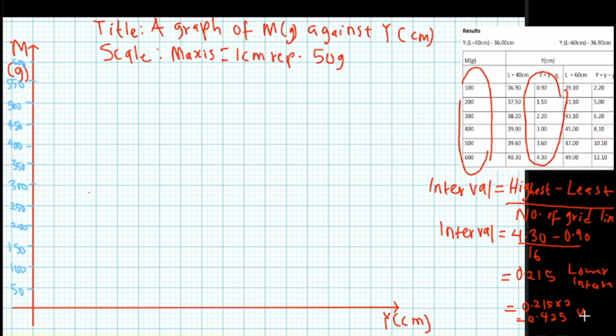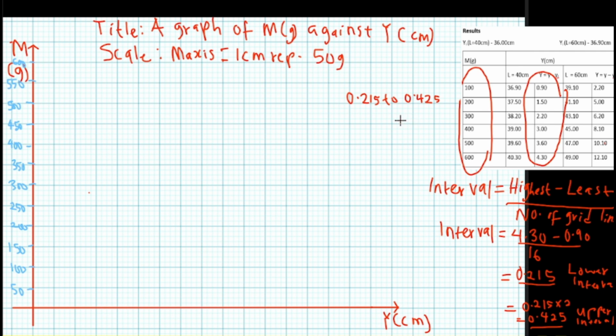So we call this our upper interval. Now this means your interval, or the best number to use as your scale, is going to be between 0.215 to 0.425. So take note of it, 0.215 to 0.425.